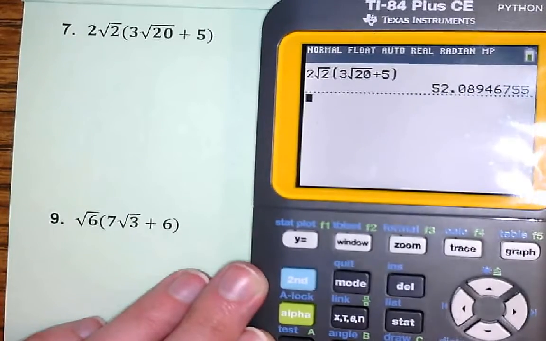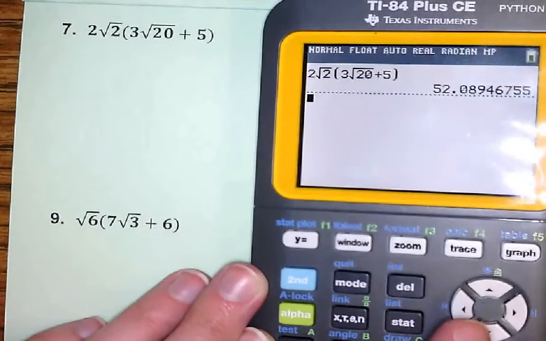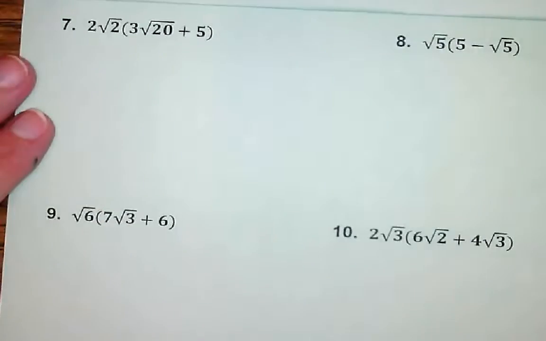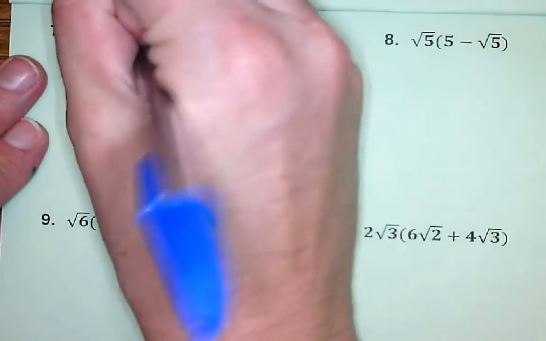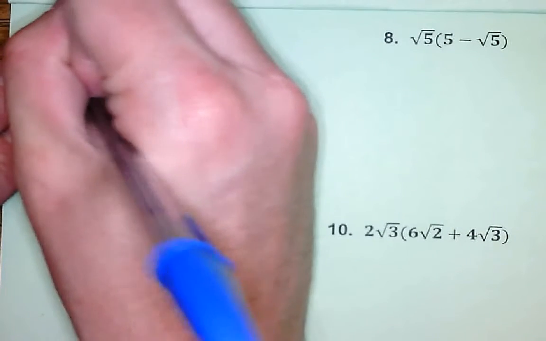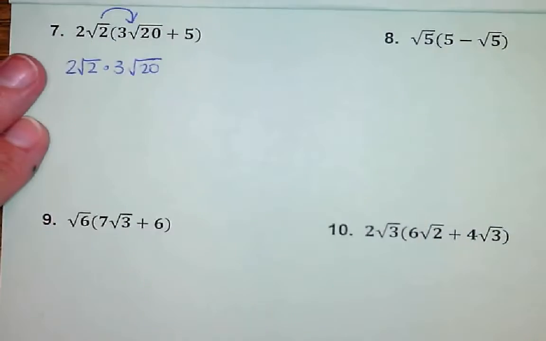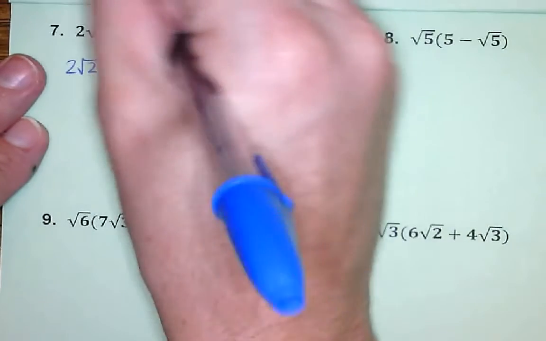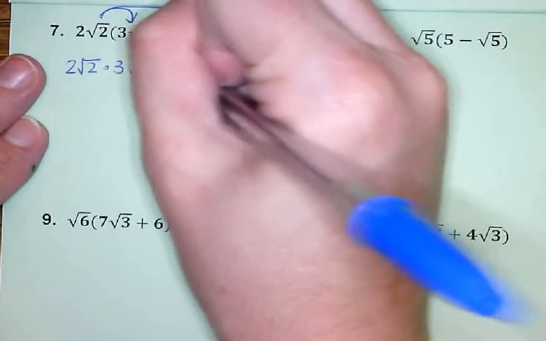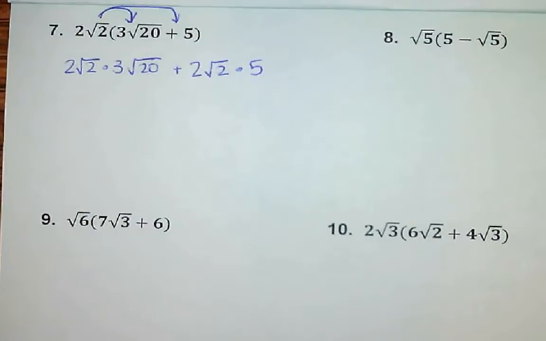Then, guys, I'm going to think about this in terms of distribution. We have 2 square root of 2 times 3 square root of 20, and then 2 plus 2 square root of 2 times 5. Are you guys good with that? We're taking our 2 square root of 2 and distributing it to both terms inside.